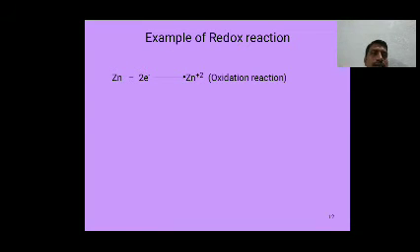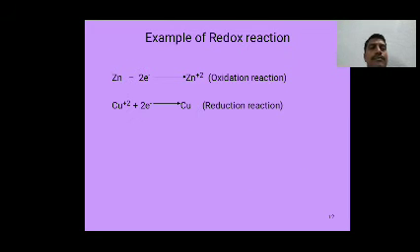Copper, Cu plus 2, gains 2 electrons to form Cu. This is a reduction reaction. Oxidation in zinc, reduction in the copper cation.